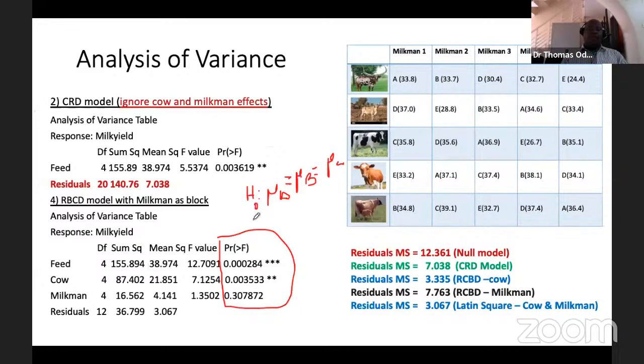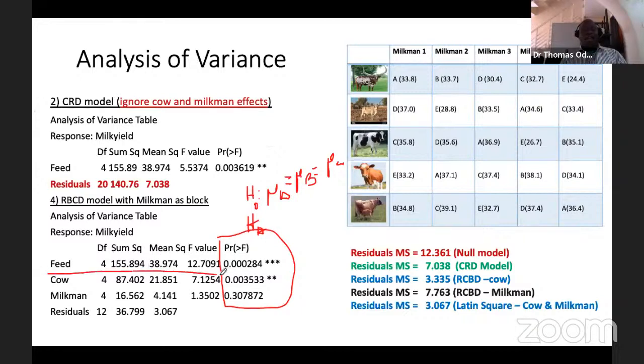And then the alternative hypothesis, which is HA. So here we say at least a pair of these treatments are significantly different from each other. At least a pair of the treatments are significantly different. We only need one pair to be significantly different for us to declare to reject the null hypothesis.